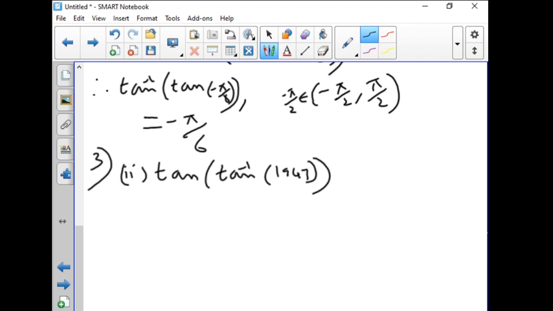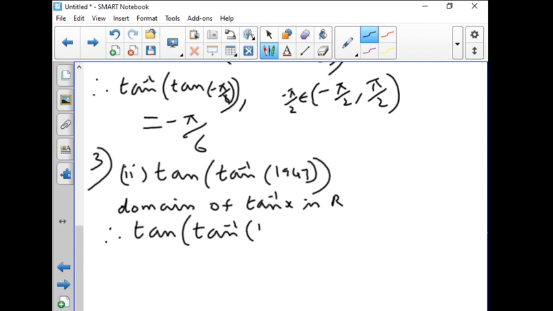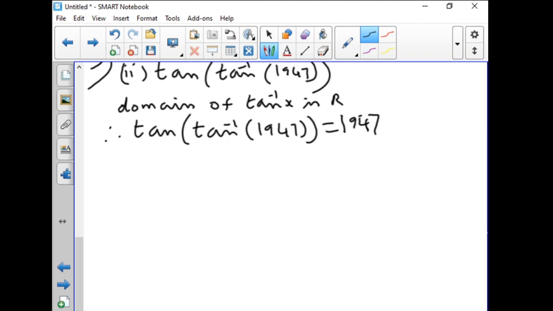Since the domain of tan inverse of x is R, therefore tan inverse of 1947 is equal to 1947. The other two problems you can do similarly.